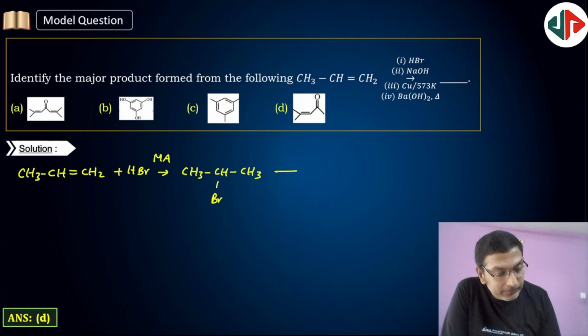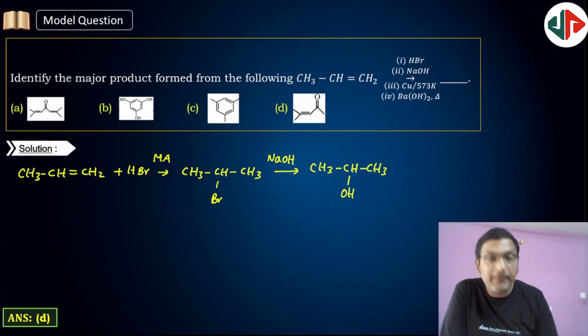Next, on reaction with NaOH. NaOH means aqueous NaOH, so in place of Br, OH will be substituted.